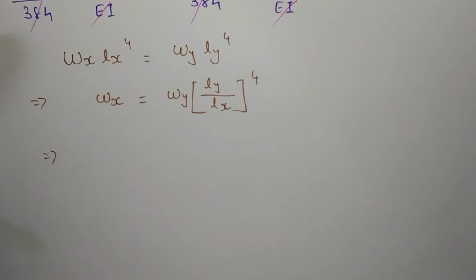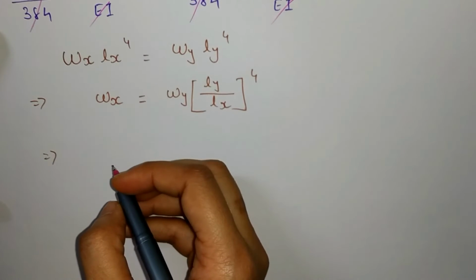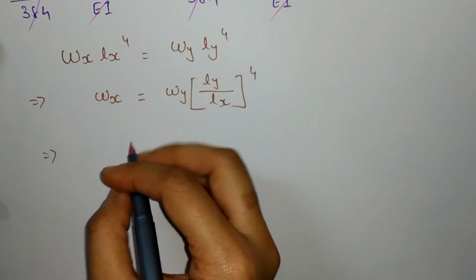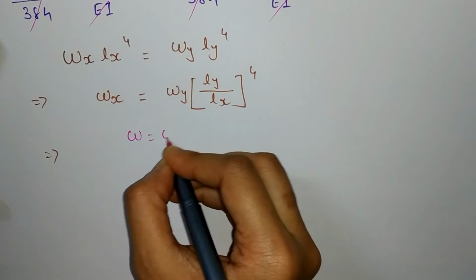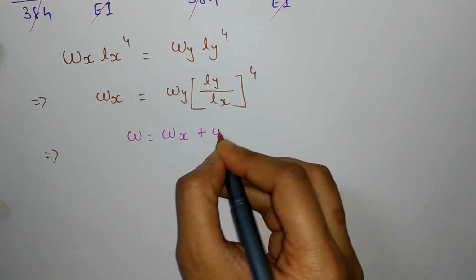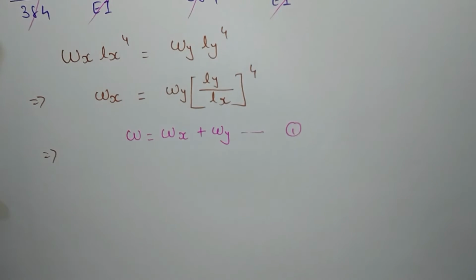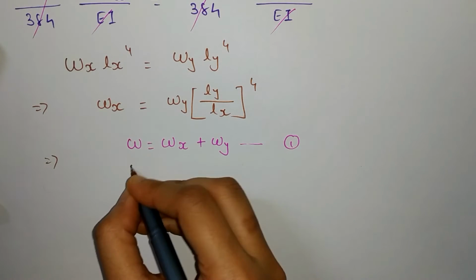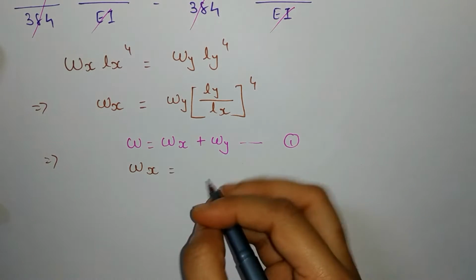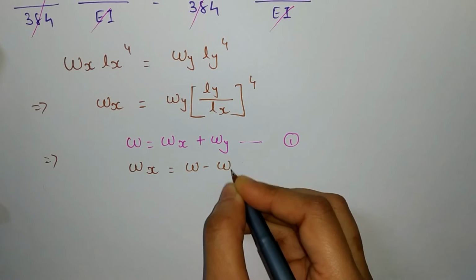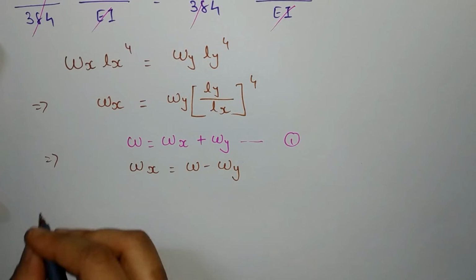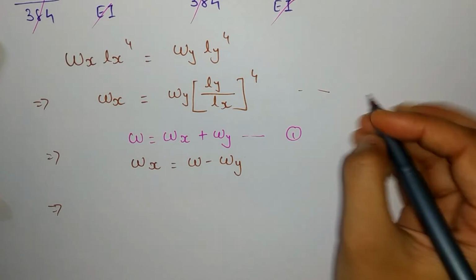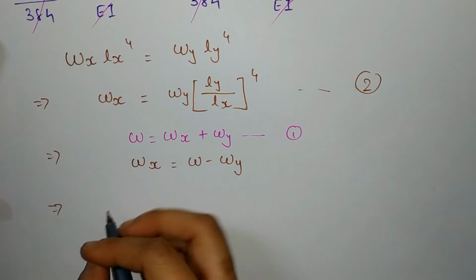Now substitute the value of Wx. How can we find Wx? We know that W is equal to Wx plus Wy, which was our first equation, and we can determine Wx will be W minus Wy. Let me put that in equation number 2.